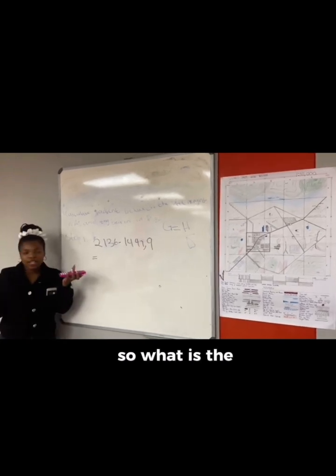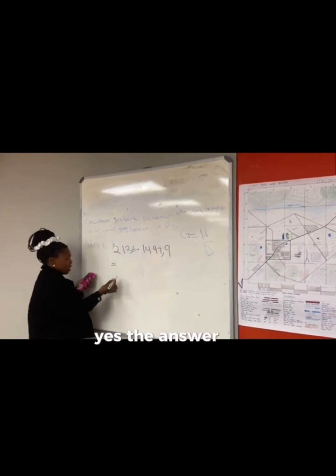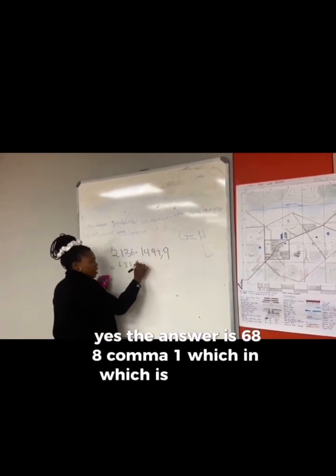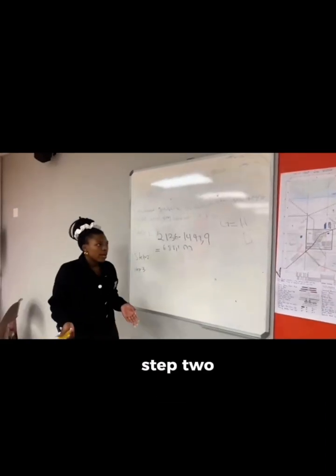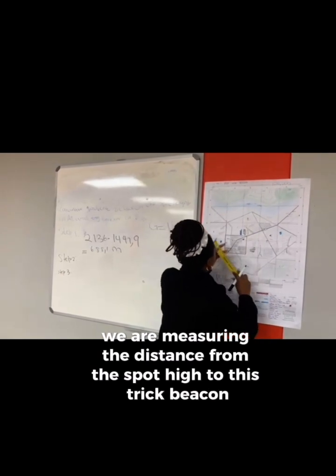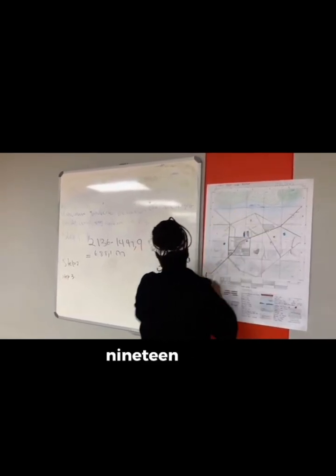So what is the answer? Yes, the answer is 689, which is in meters. Okay, step 2, we are measuring the distance from the spot height to this trig beacon, which is 19.2.